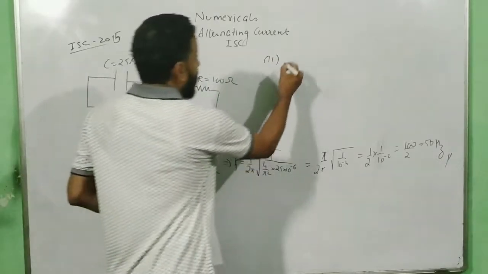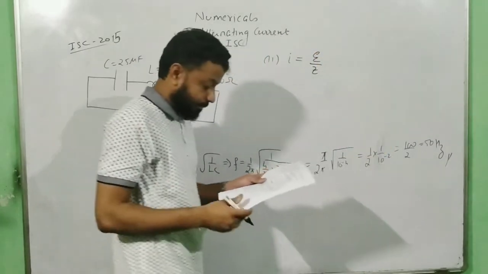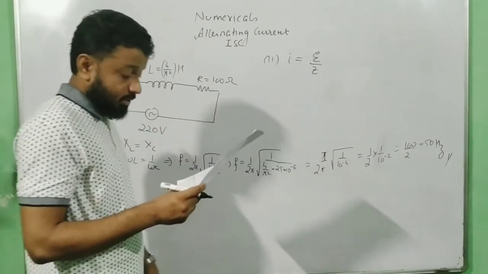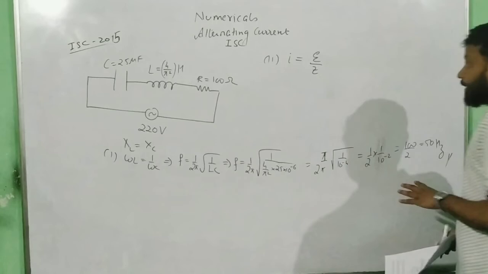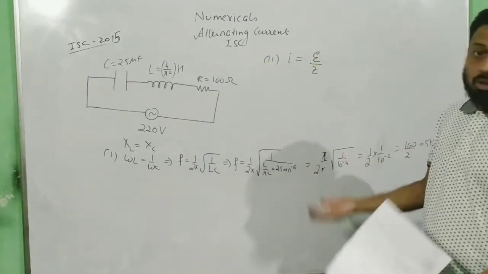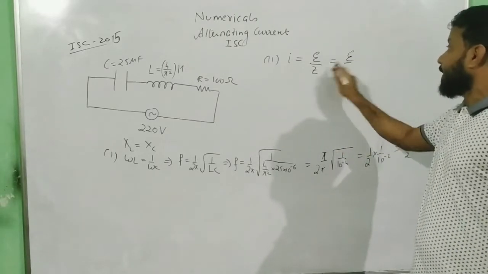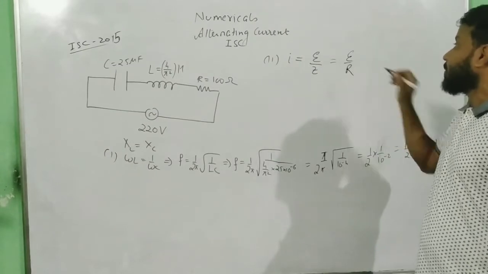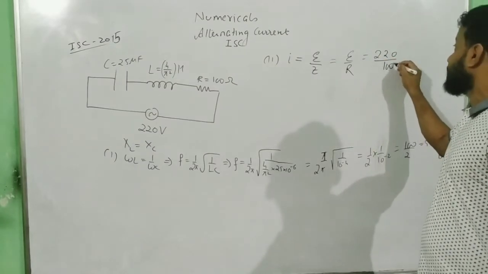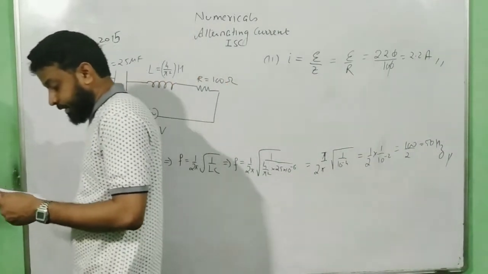The current I will be equal to EMF divided by Z. Since the question is dealing with the resonance frequency, we have to find the current also at resonance. At resonance, we know that the impedance is equal to R only, and the EMF is given as 220 volt and R as 100, so the answer is 2.2 ampere, because we are dealing with resonance over here.